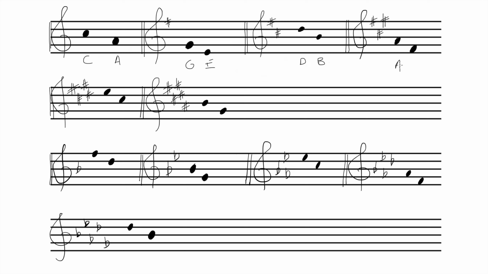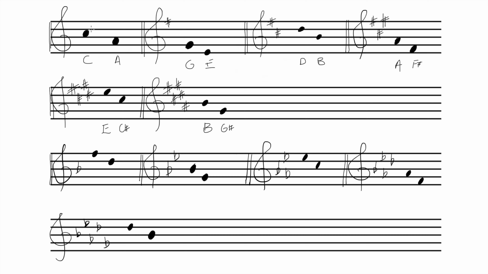We have A major and F sharp minor. Obviously this is going in order of the circle of fifths, if you know that. E major and C sharp minor, and then B major, and then G sharp minor. So next we have the flat keys.